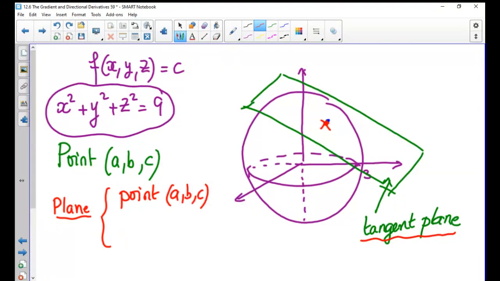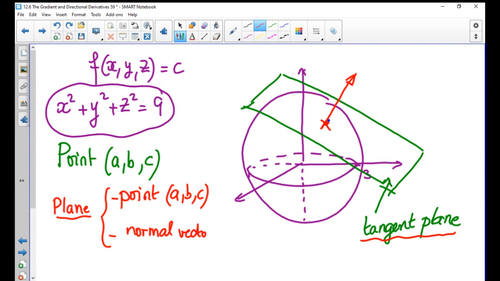It is given to us. What else do we need, other than the point? The normal vector. So you need the normal vector.